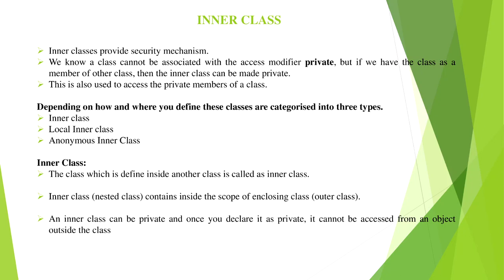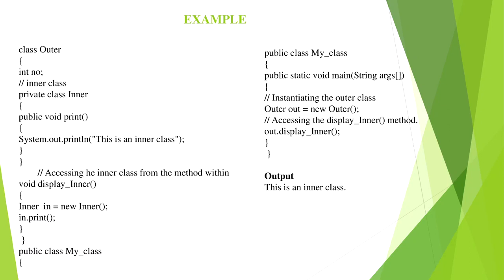It is a nested class, contained inside the scope of the enclosing class, the outer class. An inner class can be private, and once you declare it private, it cannot be accessed from an object outside the class. This is the example of an inner class.